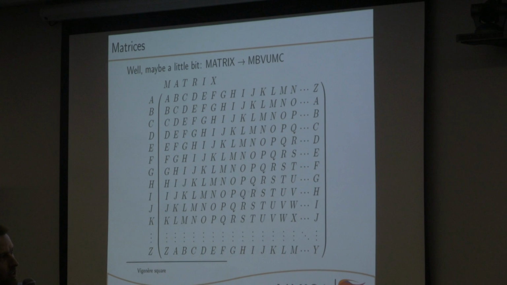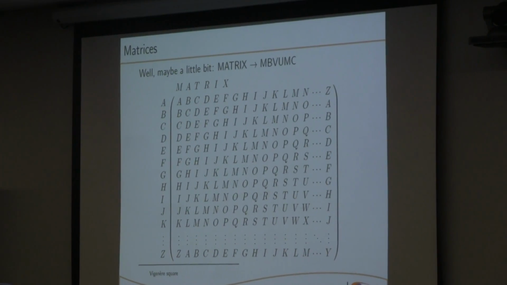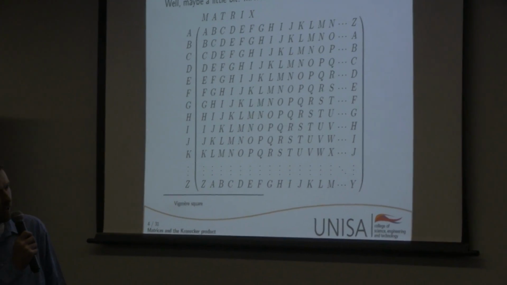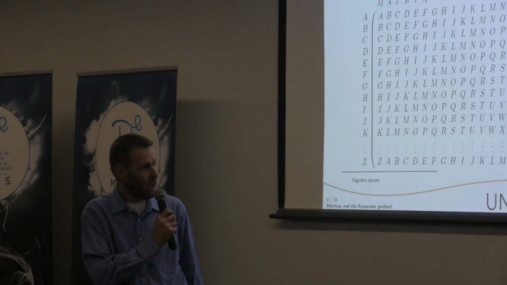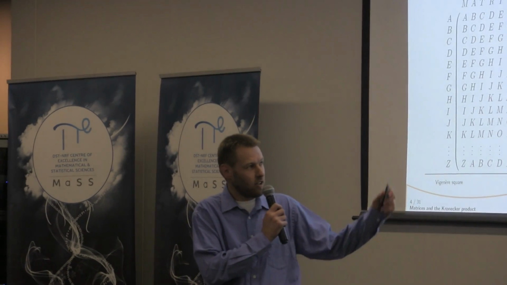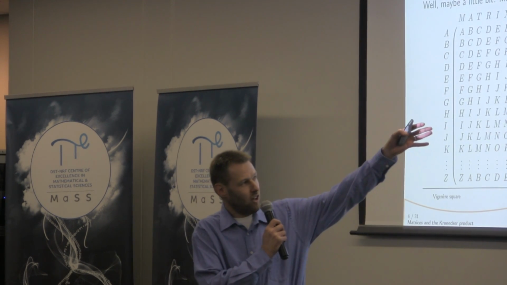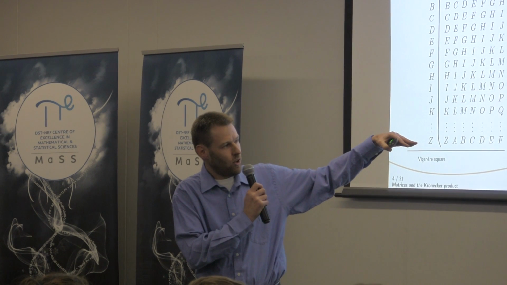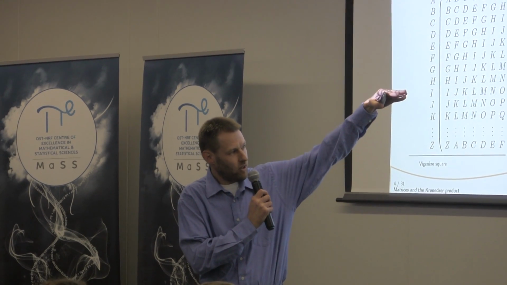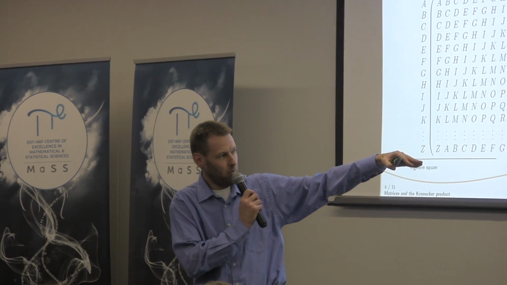So this is the interrelation between rows and columns. We've got the letters of the alphabet. We can't fit it on the slide, of course, but it's A through Z. And we want to encode a word, in this case matrix. So what we do is we look up in the first column, there's the M, and we look up for the Mth row, and if you look in the first column, you'll see it's all in the same order, ABC, from the beginning to the end.